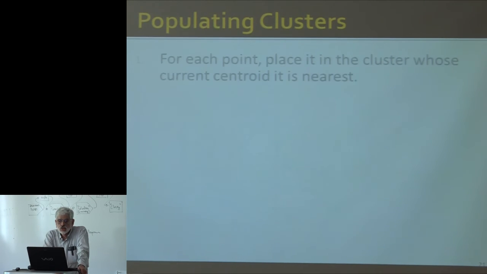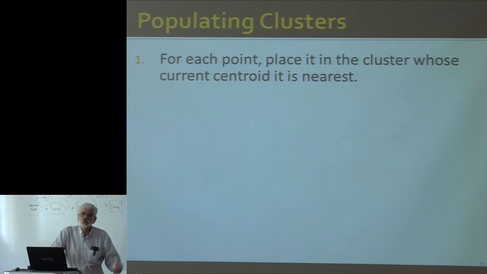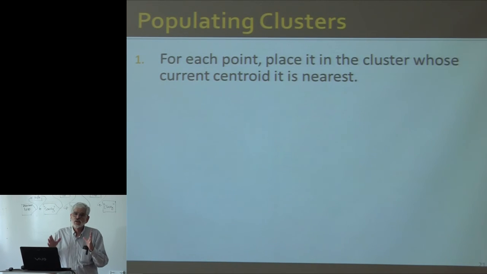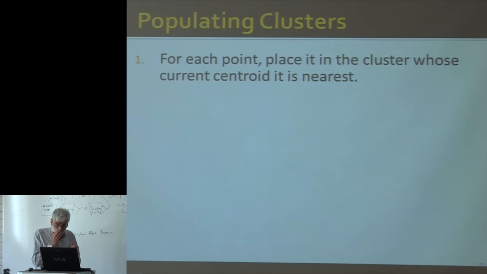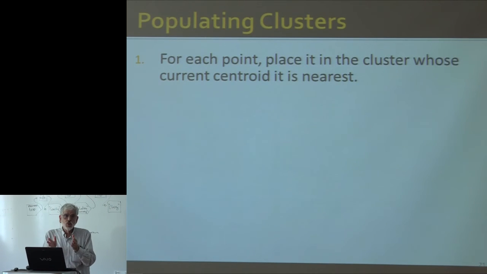Then you've got to populate the clusters, and that's sort of easy at first. You know where the centroid of each cluster is. It's at the k points that you've selected as the initial seeds of the clusters. And you just look at each point and put it in the cluster to which it is nearest to the centroid of that cluster. And then, by the way, you want to move the centroid of the cluster a little bit to account for the new point that you've just added.